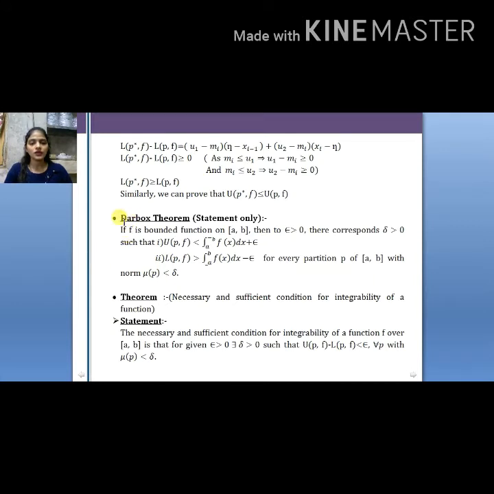Now next we see the Darboux theorem. Here we have only the statement.